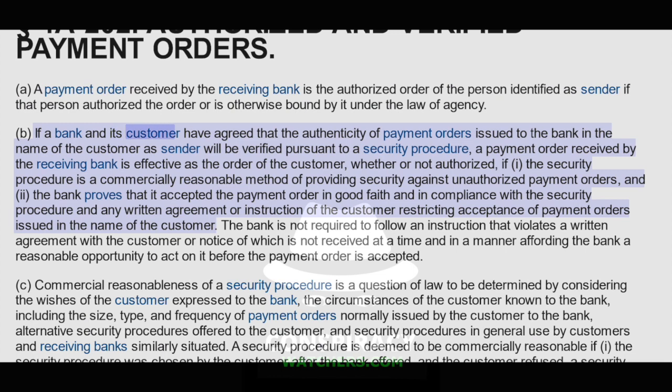If a bank and its customer have agreed that the authenticity of payment orders issued to the bank in the name of the customer as sender will be verified pursuant to a security procedure, a payment order received by the receiving bank is effective as the order of the customer, whether or not authorized, if the security procedure is a commercially reasonable method of providing security against unauthorized payment orders, and the bank proves that it accepted the payment order in good faith and in compliance with the security procedure and any written agreement or instruction of the customer restricting acceptance of payment orders issued in the name of the customer.